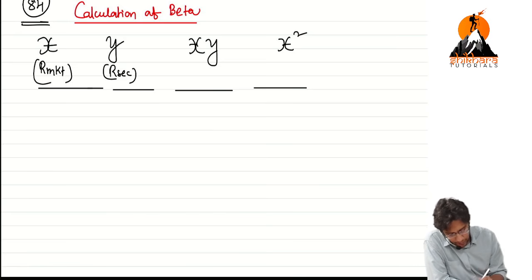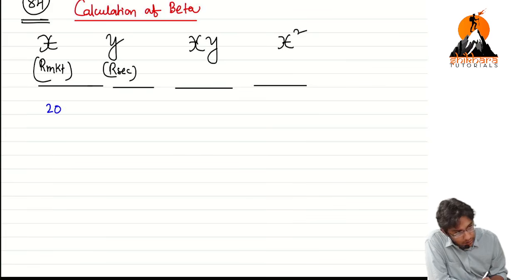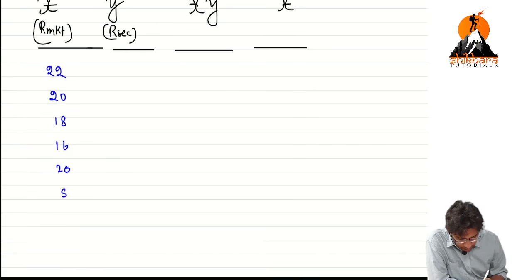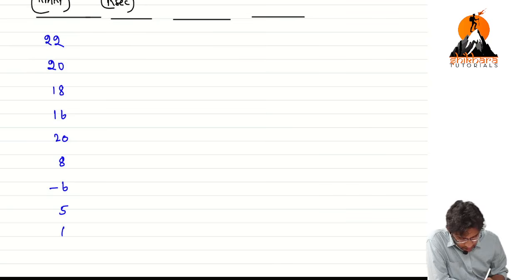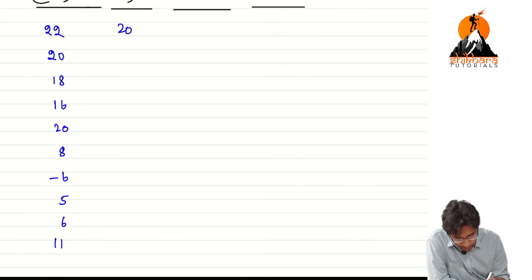Okay, tell me RM one by one. 20, first 22. Next 20, 18, 16, 20, 8, minus 6, 5, over. Now security return: 20, 22, 25, 21, 18, minus 5.